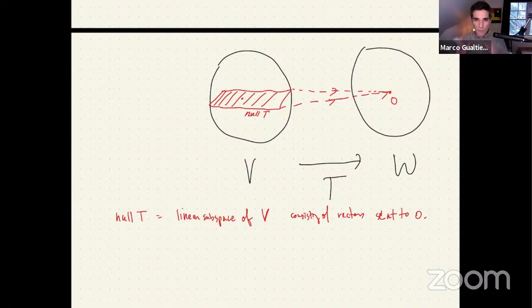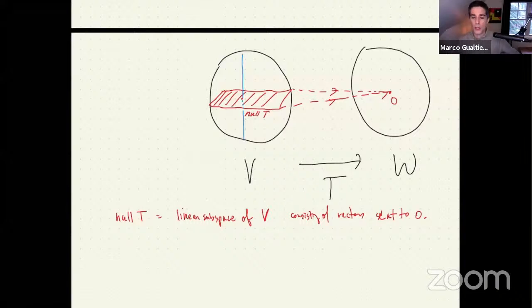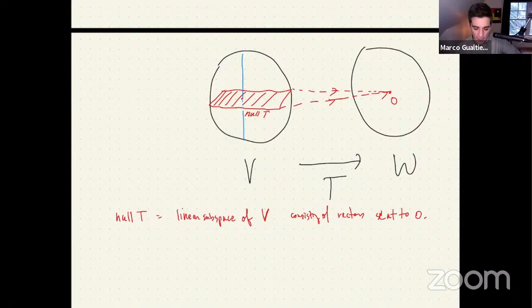You're trying to figure out which vectors are sent to 0 by this linear map. That's the null space. I drew it as if it's perpendicular, but we don't have perpendicularity. So we have all these other vectors, which are not in the null space.